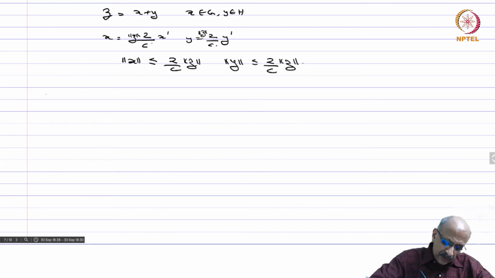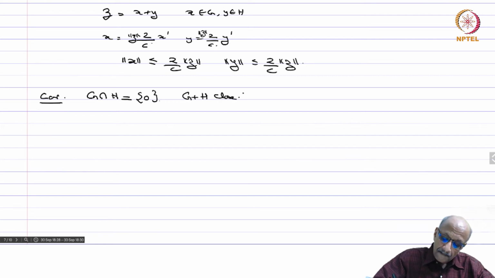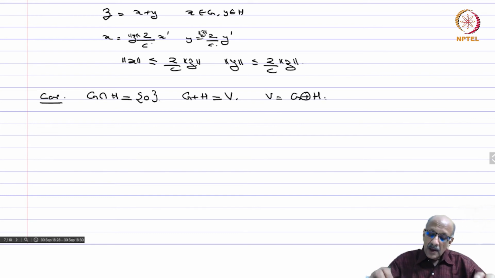So now a corollary to this: let us say G intersection H is the singleton 0 and G plus H is closed. In particular, let us say G plus H is equal to V. Then you have V equals G direct sum H. But in this case, the decomposition is unique.